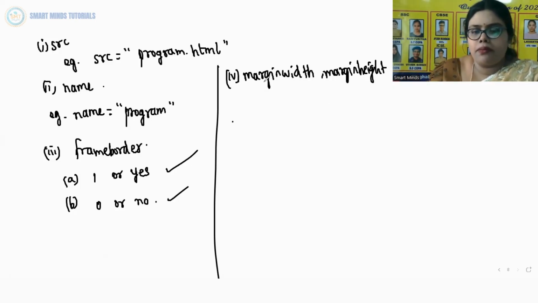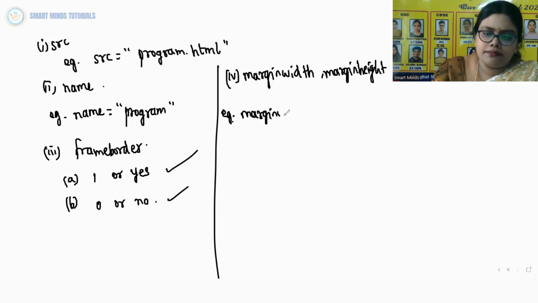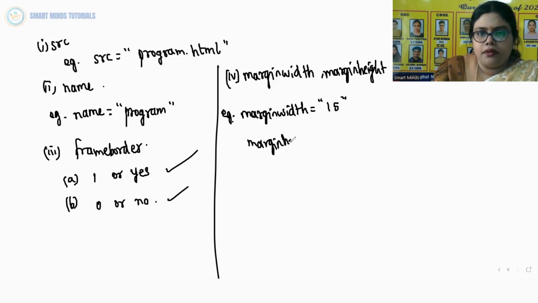So marginwidth is used for left and right margin size. Marginheight is used for top and bottom margin of a frame. So for example, marginwidth equals 15. Marginheight equals 15.